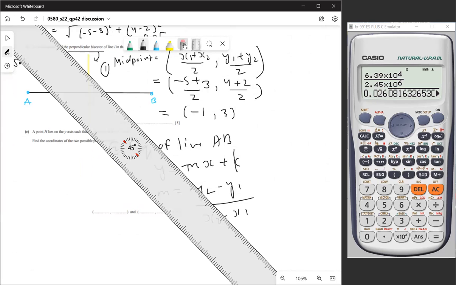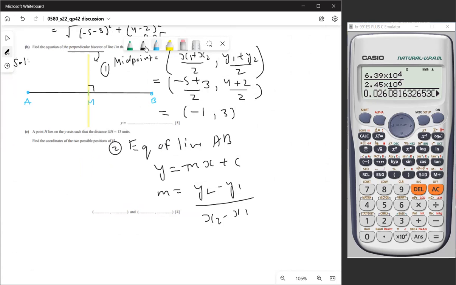Wait, is y equals mx plus c and y equals mx plus b the same thing? There is no b. It's always c. When I was in the US and we were studying there, it was y equals mx plus b. Yeah, it's exactly the same thing. The b is c. Y-intercept.